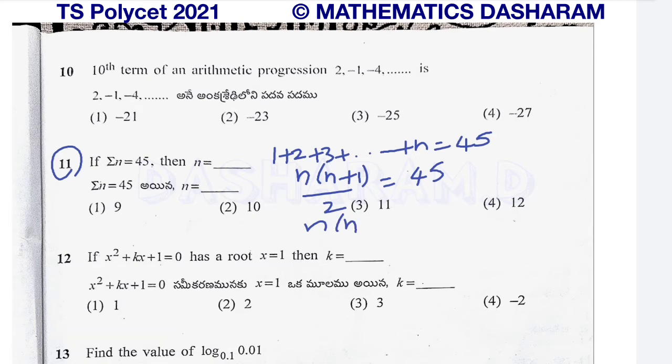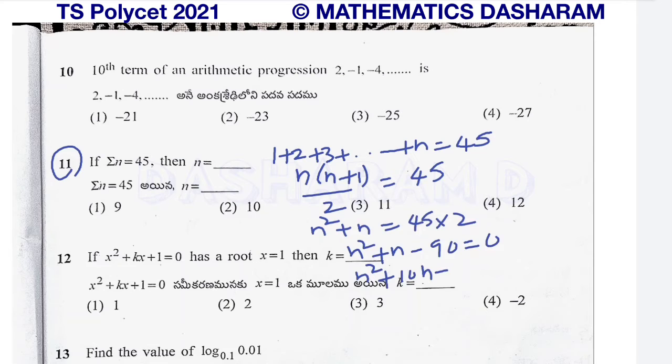N into n plus 1 becomes n square plus n equal to 45 into 2. So n square plus n, 45 2s are 90, so minus 90 equal to 0. So n square plus 10n minus 9n becomes plus n. So minus 90 equal to 0.